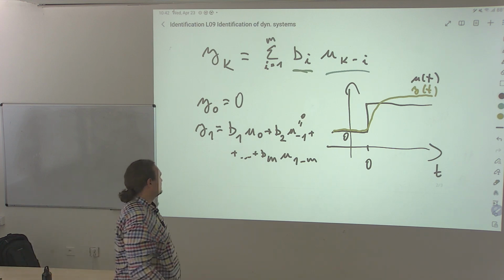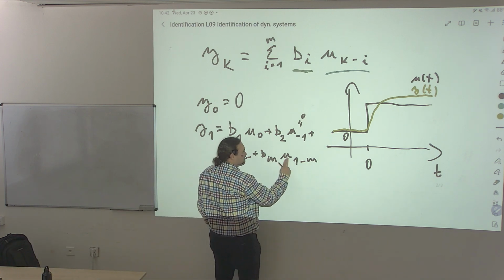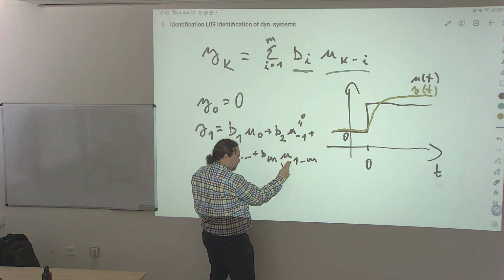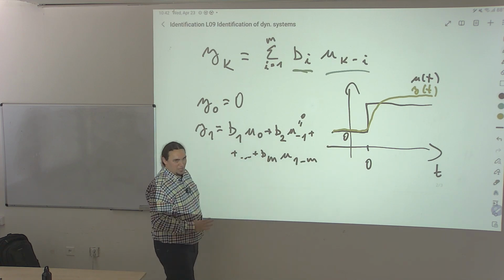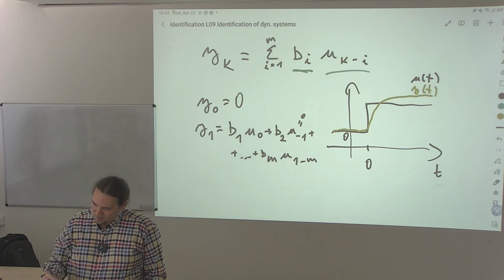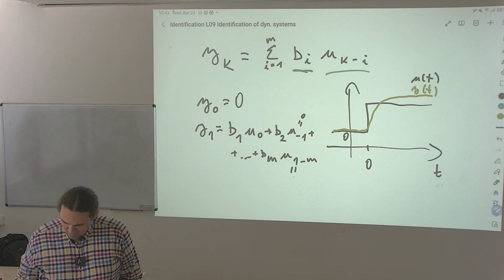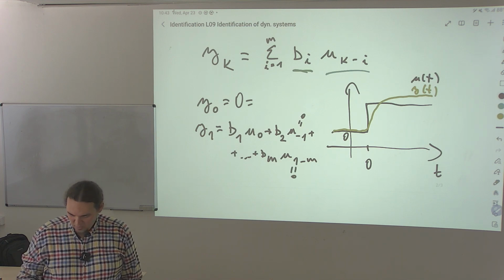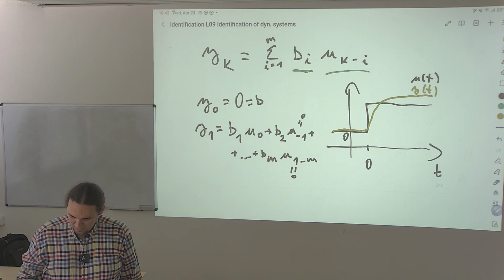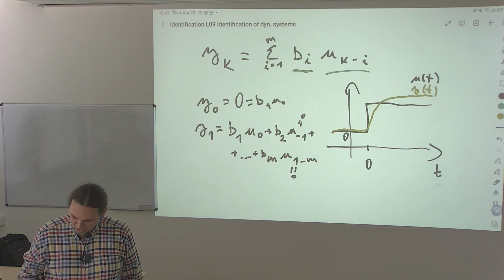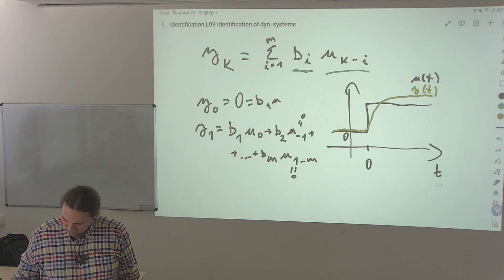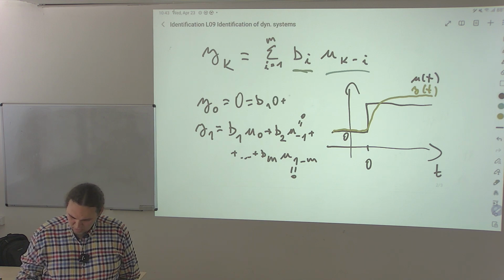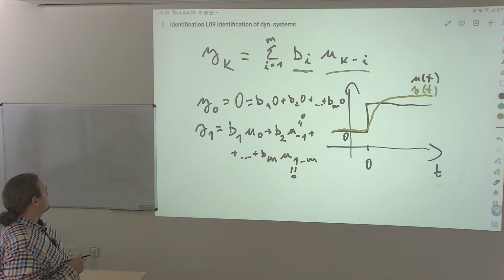Of course, we assume step response, so our input u was 0 in all these past moments. Now we can even see why we wrote that this is 0 here, because we are just assuming b1 times 0, b2 times 0, plus b_m times 0.